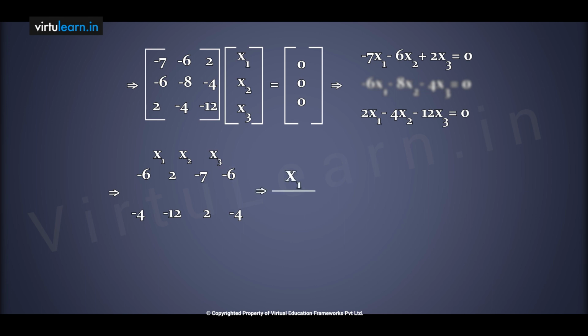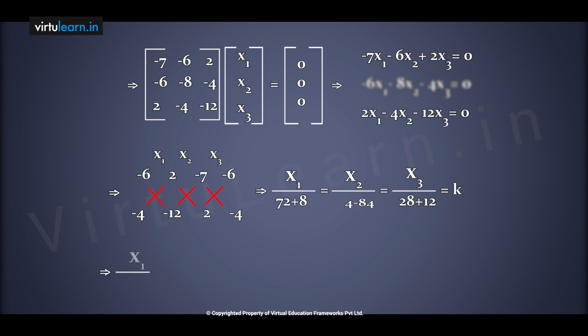x1 by determinant of first 4 elements: minus 6 into minus 12, 72, again minus is there, minus 4 into 2 minus 8, minus into minus becomes plus, x1 by 72 plus 8. x2 by 2 twos are 4, 4 minus 12, 7 twos are 84. Equals x3 by minus 7 into minus 4 plus 28, minus 2 into 6, minus 6 minus 12, minus into minus becomes plus, 28 plus 12, the whole thing equals k.